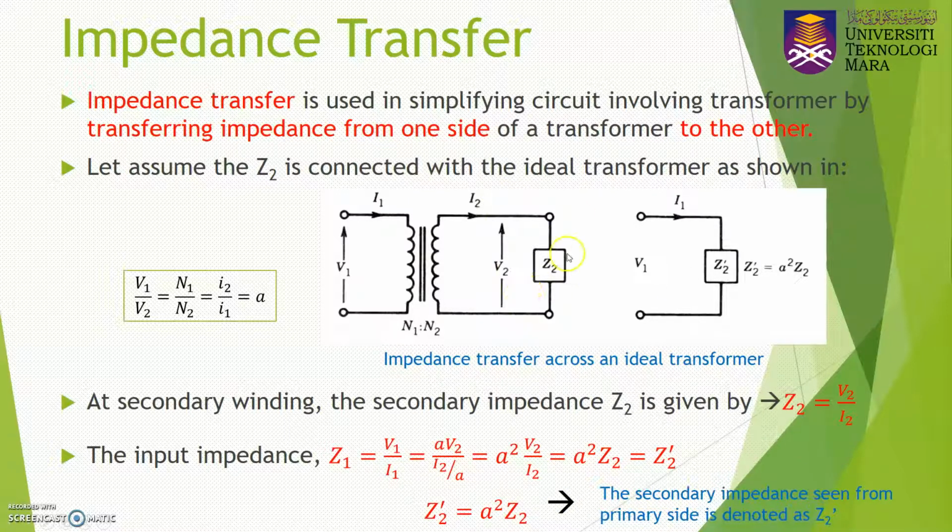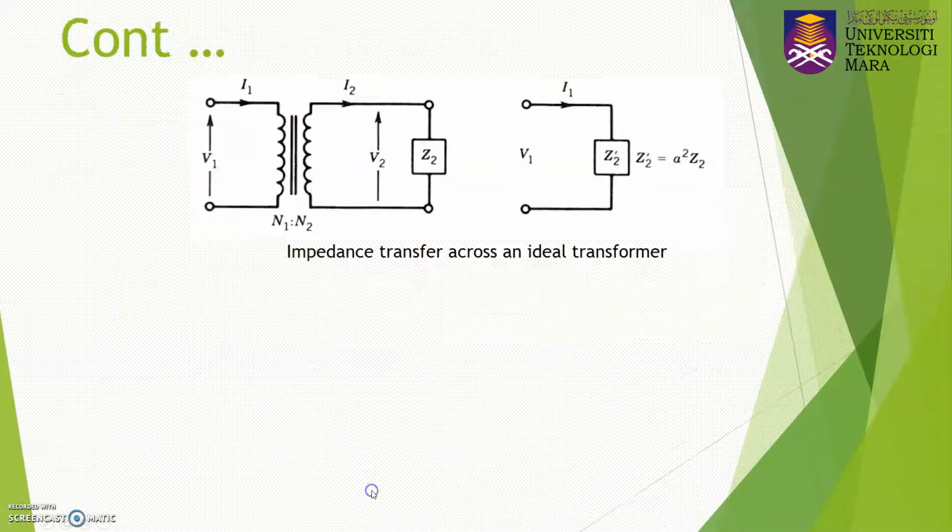If the Z2 is located at the secondary winding, we call it Z2. But if we transfer the Z2 to the primary side, the secondary impedance Z2 will be denoted as Z2 prime, where Z2 prime is equal to A squared Z2.